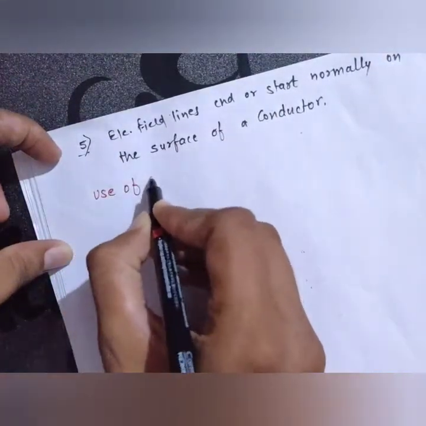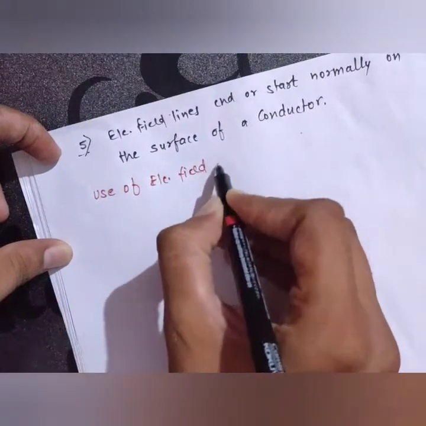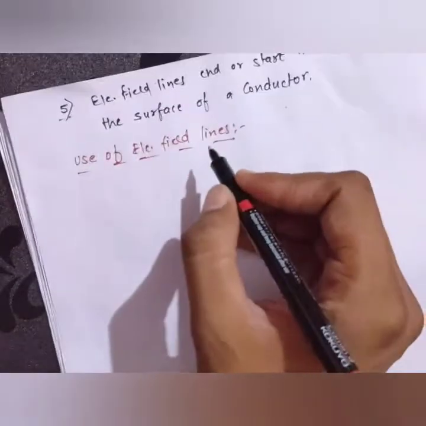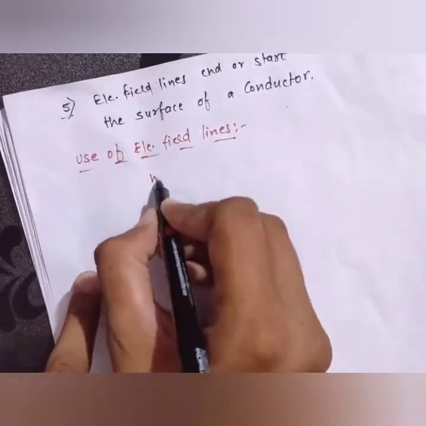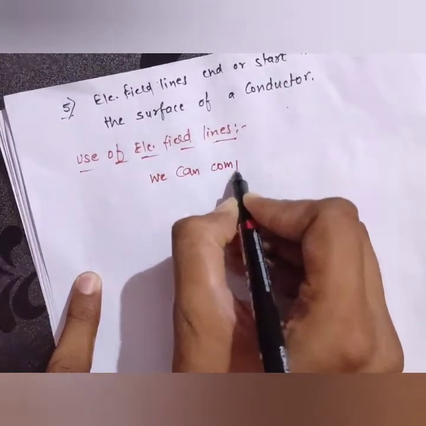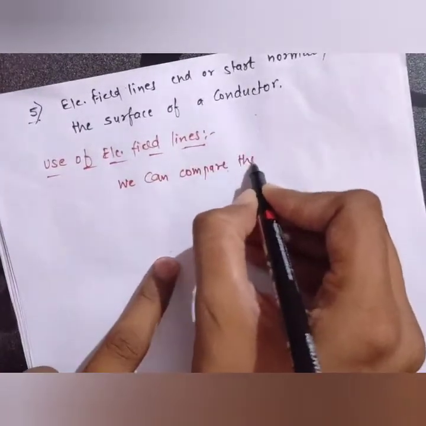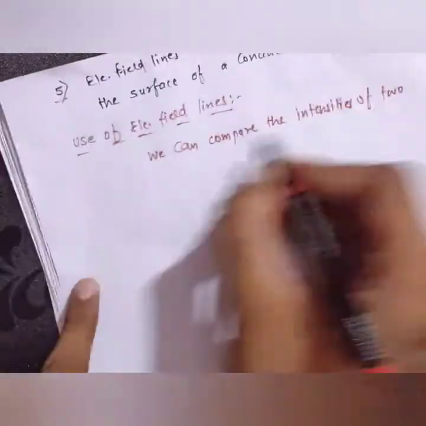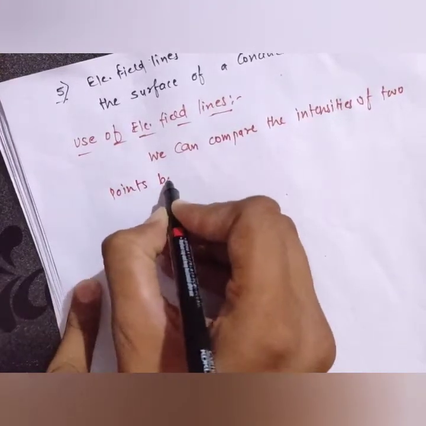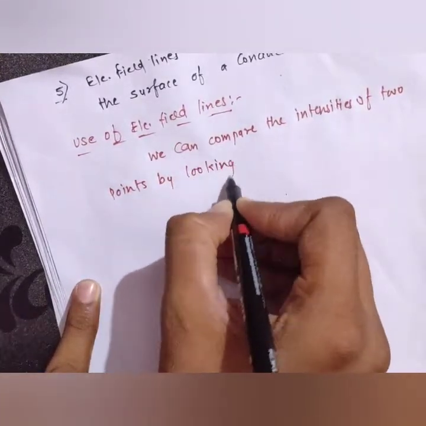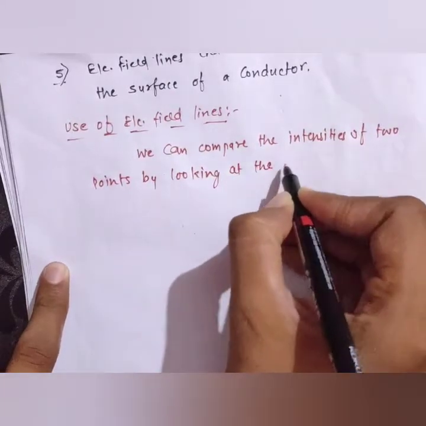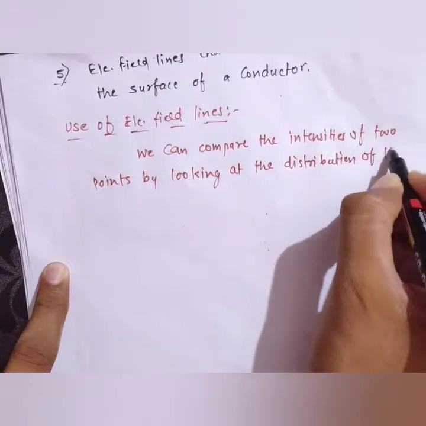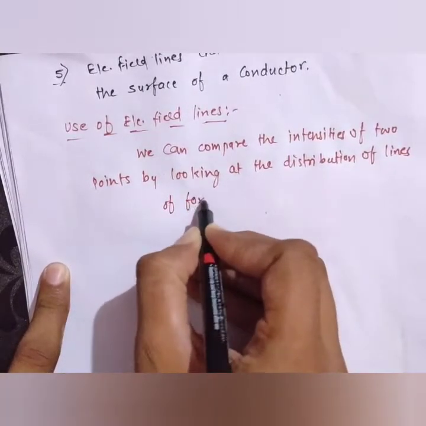Use of electric field lines or lines of force. So with the help of electric field lines, we can compare the intensities of 2 points by looking at the distribution of lines of force.